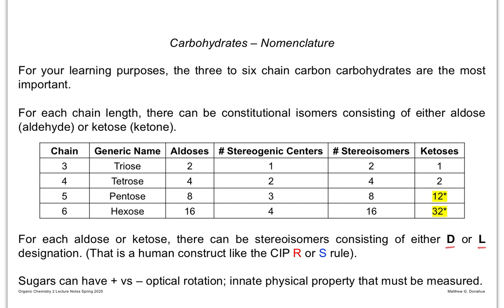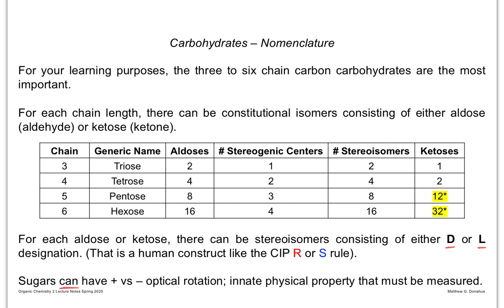Does it go clockwise or counterclockwise to give you R or S? Additionally, sugars can, and I stress the word here, can have dextrorotatory or levorotatory rotation. So that's the plus or minus sign as measured through a polarimeter.